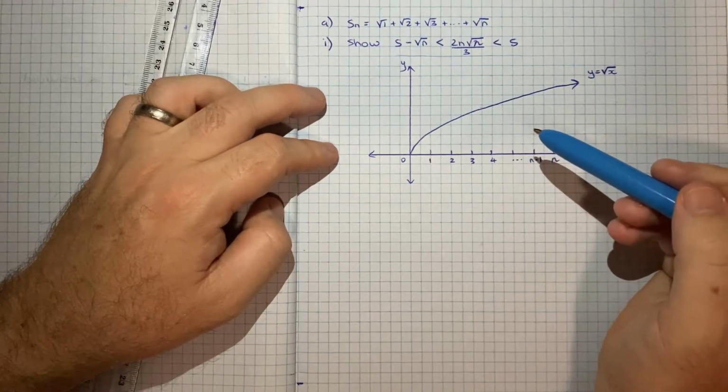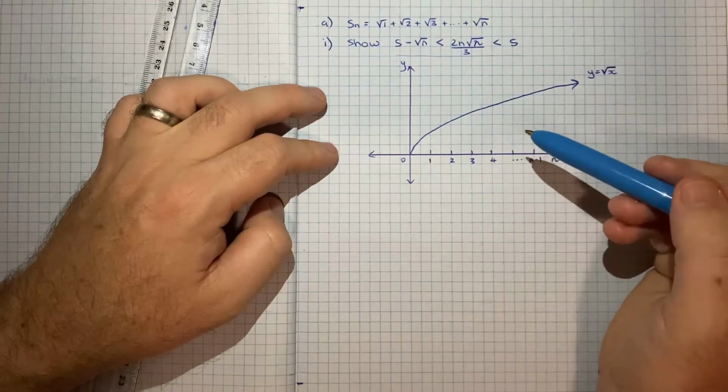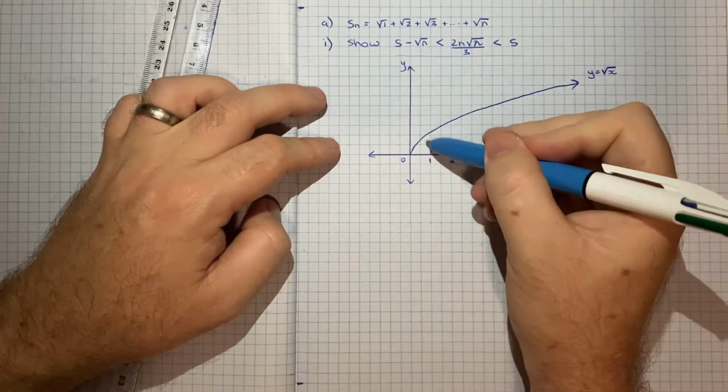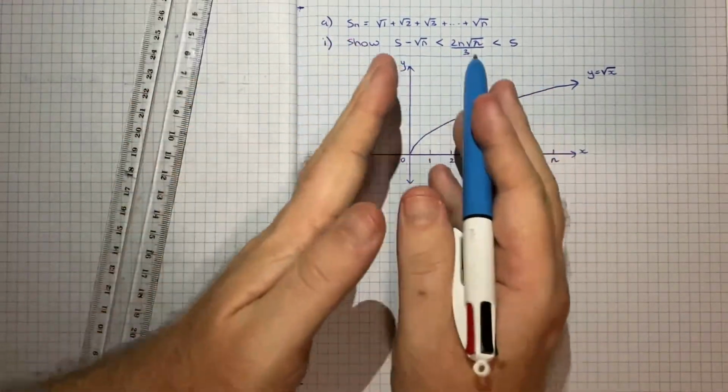And hopefully as you were having that introduced to you, it would have been almost proved to you by taking rectangles and making those rectangles thinner and thinner.